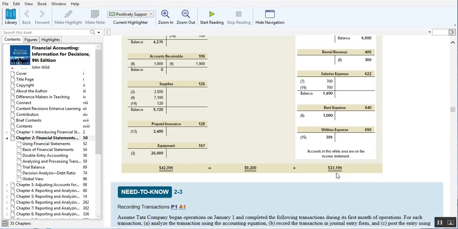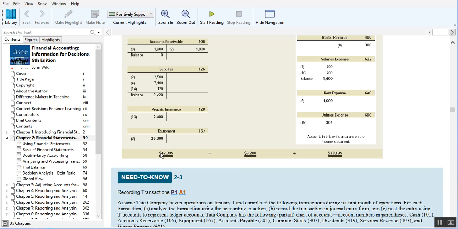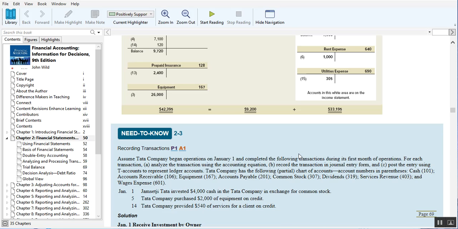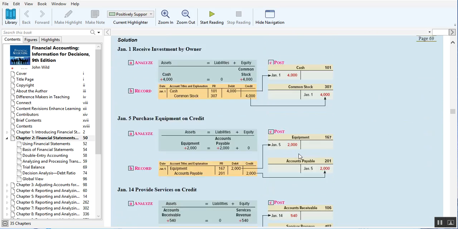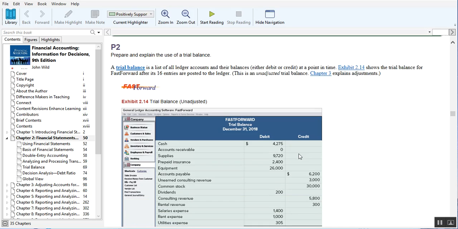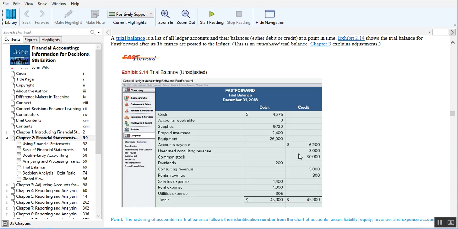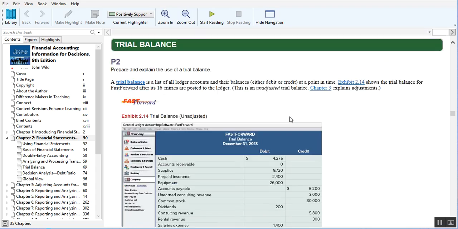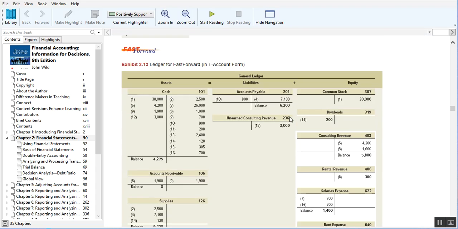And so there's the total, and this, by the way, is how we track maintaining the balance in the accounting equation. But probably the biggest way that we're going to verify that we've done the debits and credits correctly is in the preparation of a trial balance. We're going to go through these T accounts and pull each one of these balances into a trial balance.